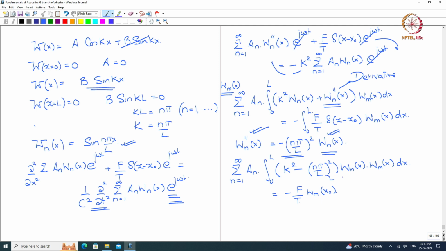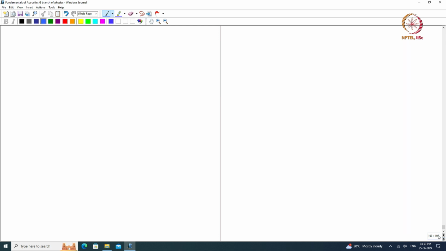I will just call this k n squared. So now I have summation n equal to 1 to infinity a n (k square minus k n square), integral 0 to L W n of x W m of x dx is equal to minus f by t W m of x naught.